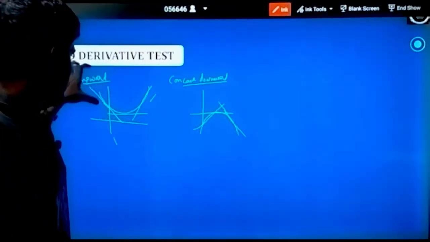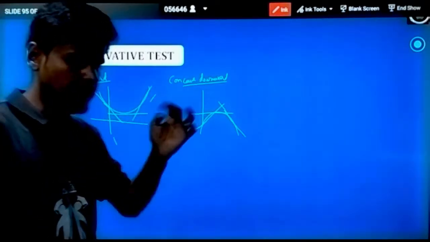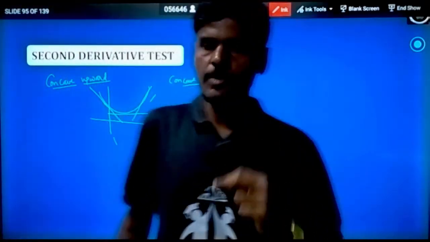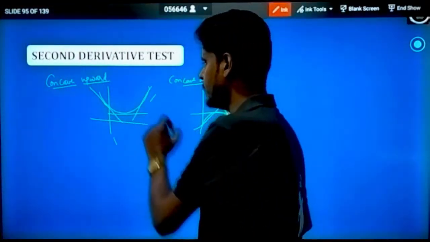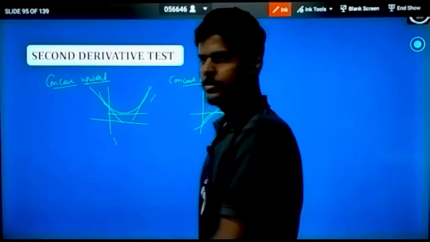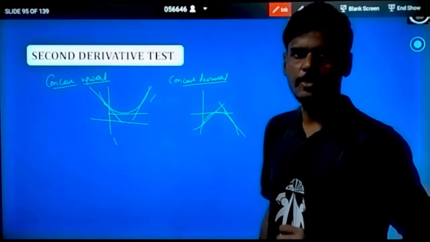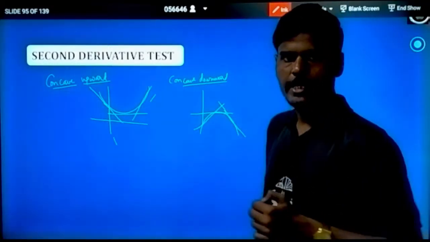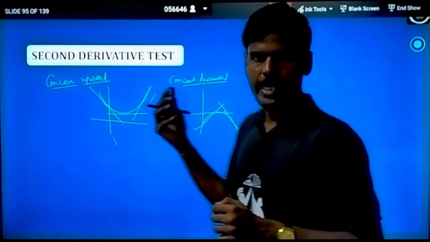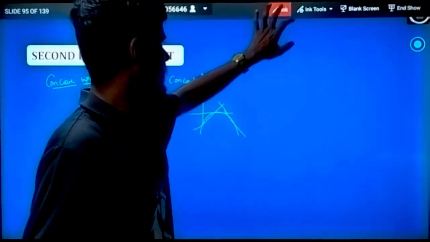So when we have to find the point of minimum, the double derivative at the critical point will be positive, then the point will be a minimum. If a point of maximum needs to be found, then the double derivative at that critical point will be negative. So that is the understanding.